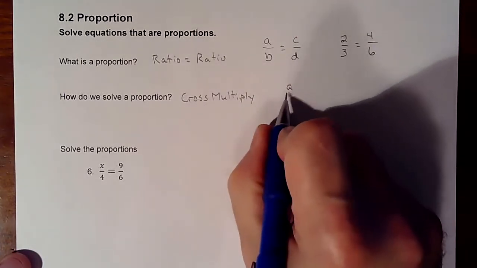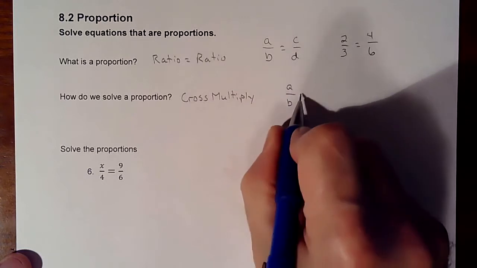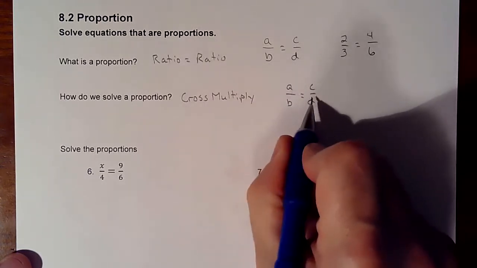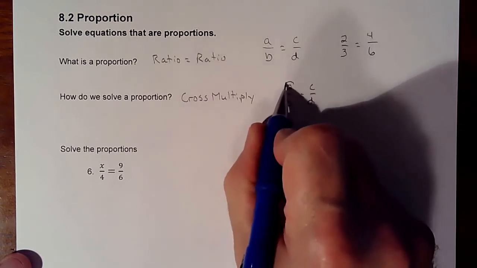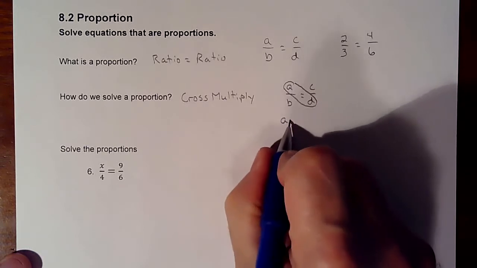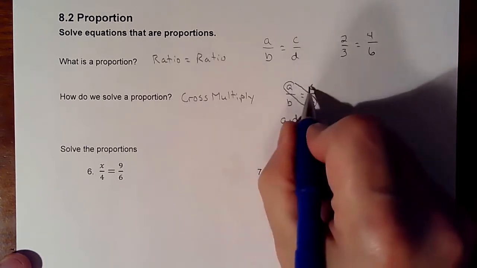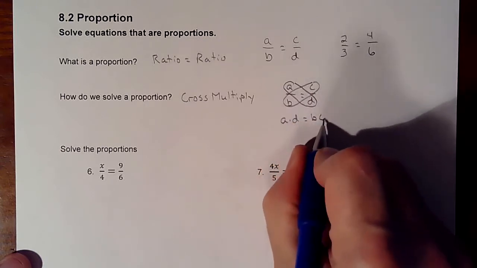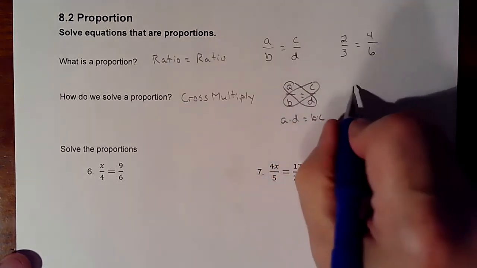So back to this original one, if you have some fraction equals another fraction, if you take their cross products, A times D would be equal to B times C. Let me show you that that's true.